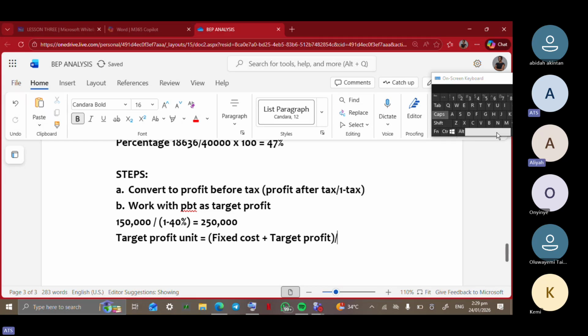I'm going to call it CP. So what's your fixed cost? Your fixed cost from the question is 235,000, right? Yes, 235,000. Plus what's your target profit? 250,000. Divided by contribution per unit.